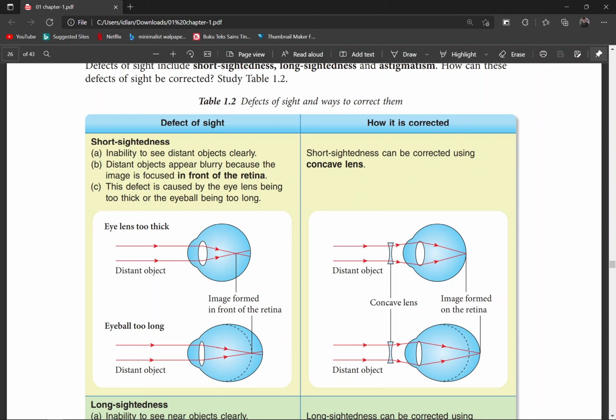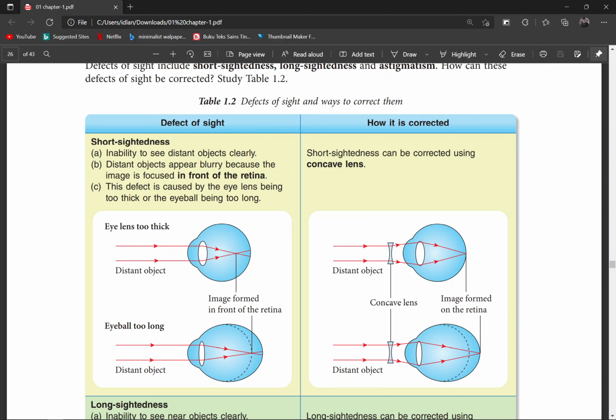So bila eye lens too thick ni ataupun eyeball too long ni, how do we correct it? Benda ni boleh dibaiki dengan cara, short-sightedness can be corrected using concave lens. Macam mana concave lens tu? Untuk yang ni dia terlampau tebal kan, jadi dia keluar lambat.